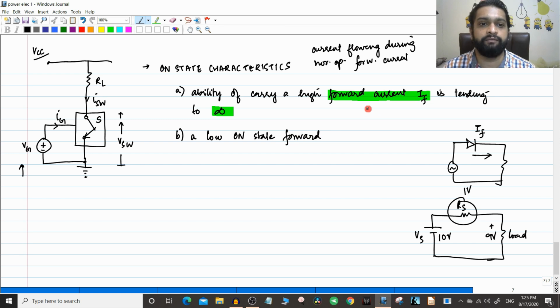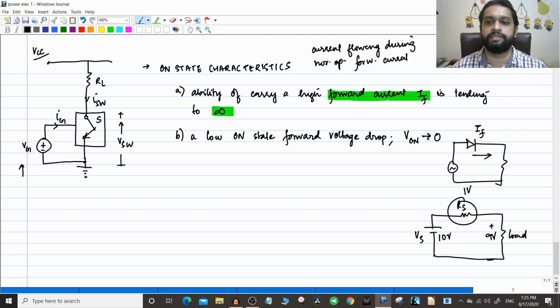Why we are telling forward is because we are dealing with on state characteristics, not off state characteristics. It means that the gate signal is applied and the switch is in the closed position. A low on state forward voltage drop, and in the book it is called V on, that is the voltage across the switch basically. So that V on should be tending to 0.